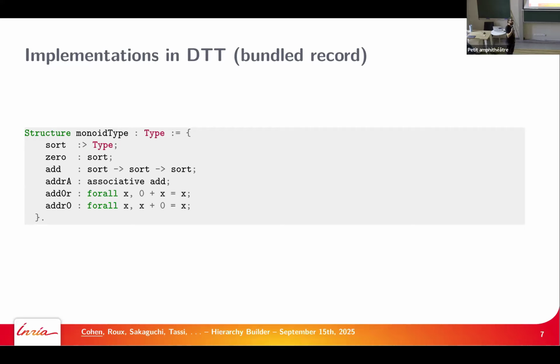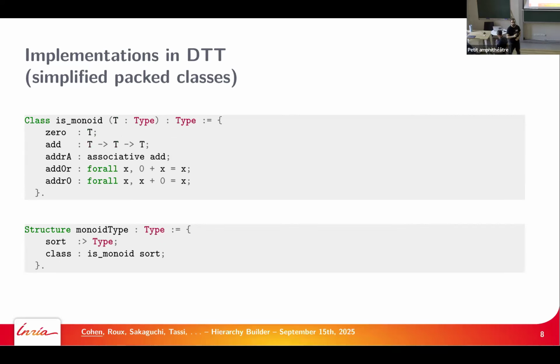Instead of having a qualification on a type, you can put the type inside the fields of your structure. Here we call it sort. And then you get one type where its elements are essentially the monoids. But it's not exclusive with the previous representation.